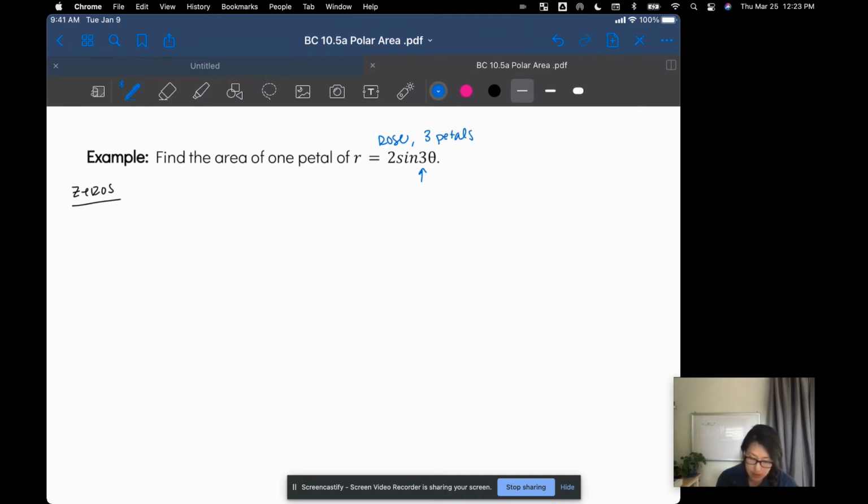And I have the 2, which gives me the vertical stretch value, which gives me a radius of 2.